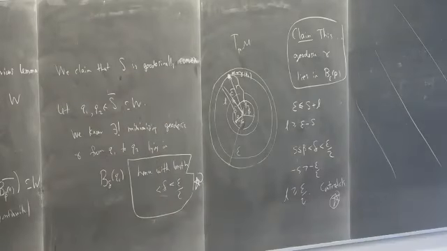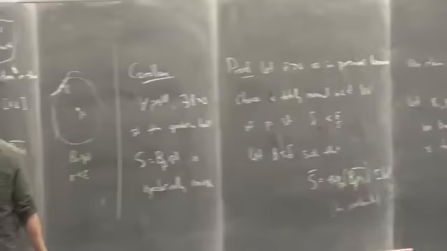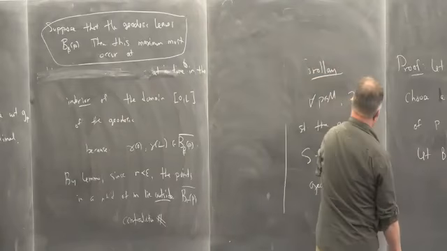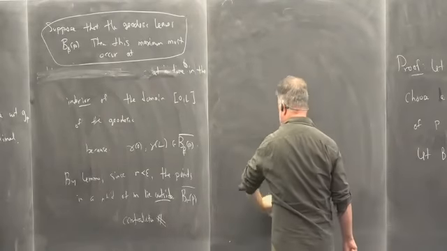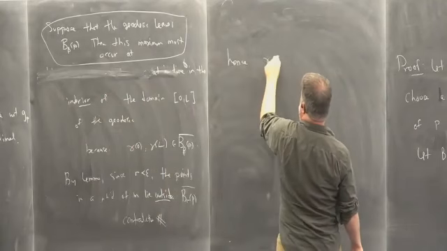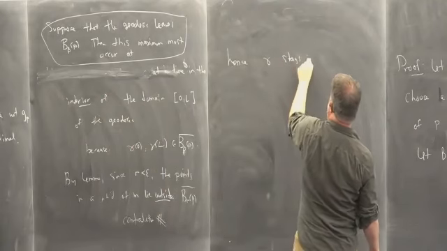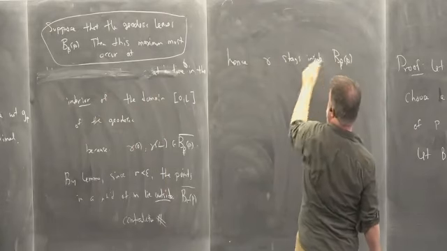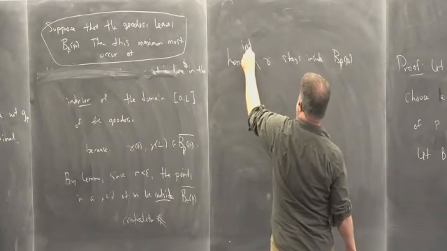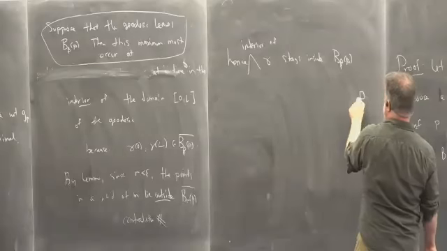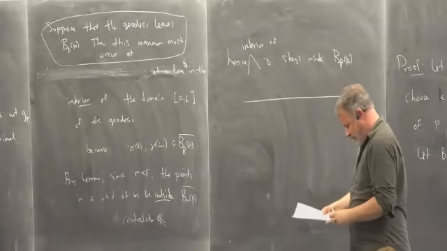So this hypothesis is false, and therefore the geodesic stays inside the ball. Hence gamma stays inside B beta of p. Okay, so that's the proof of the corollary.